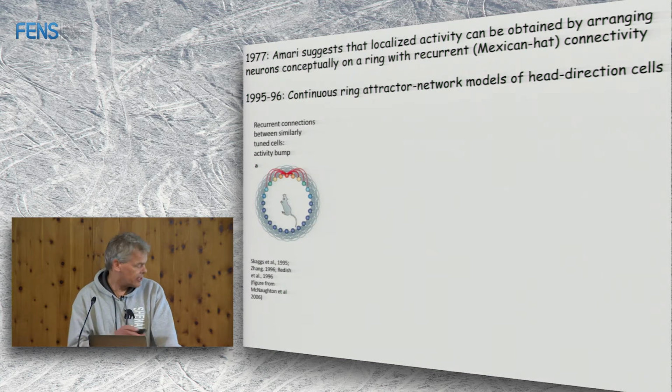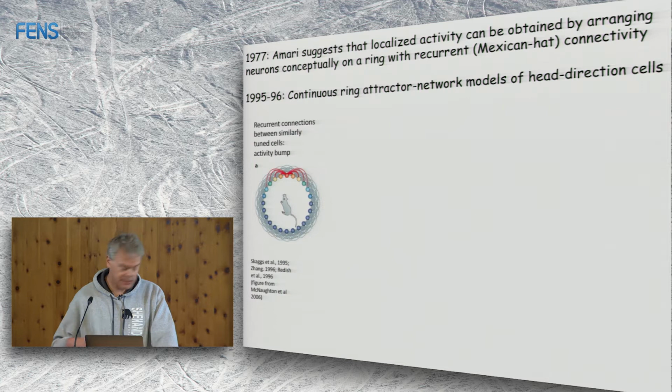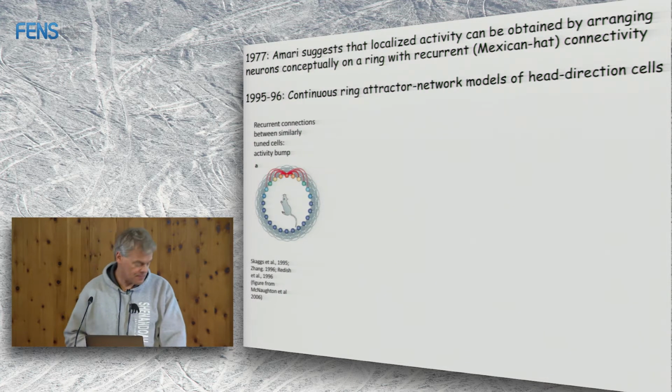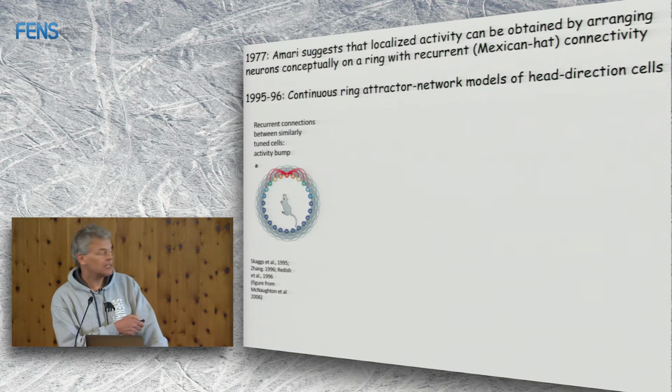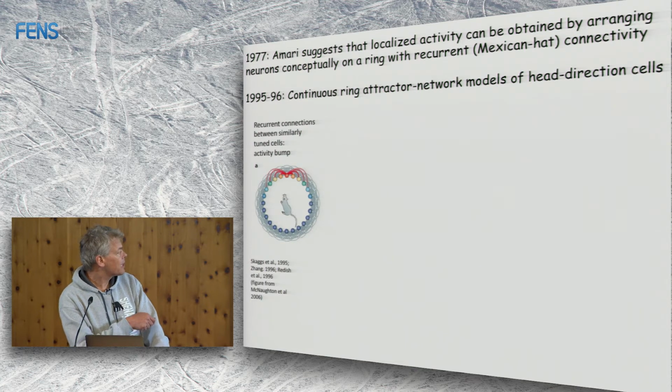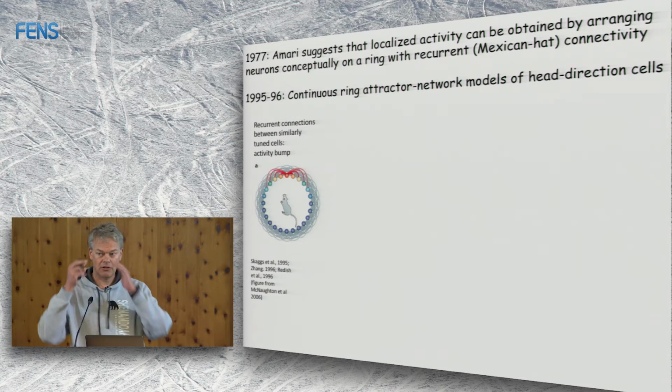So 3 groups more or less at exactly the same time, Skaggs and McNaughton, and Zhang, and Redish and Touretzky, suggested essentially the same idea, namely that you can account for properties of head direction cells by arranging the cells conceptually on a ring so that cells that have a similar directional preference are next to each other and then are connected to each other with both excitatory connections, as shown here in red, but also, not shown here, inhibitory connections that go a little bit wider.